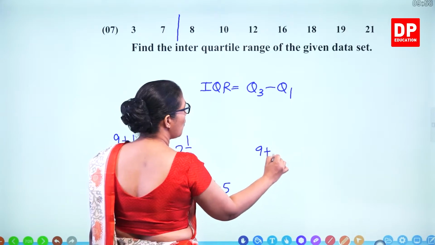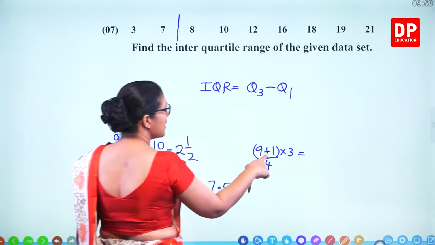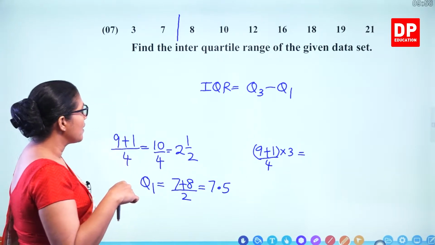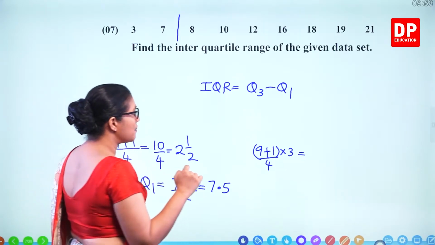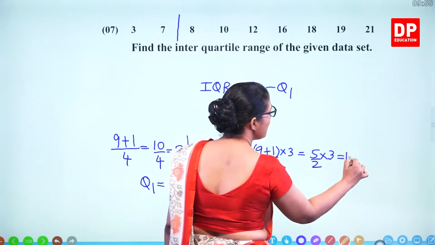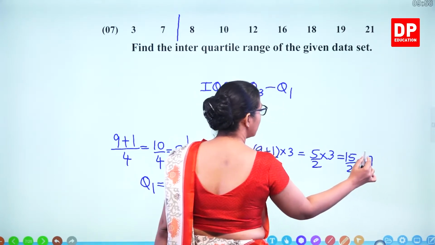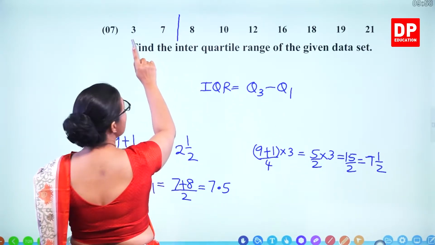9 plus 1 over 4 multiplied by 3. That means this one multiplied by 3. So you get 5/2 multiplied by 3. 15 divided by 2 means 7.5. That means in between 7 and 8.